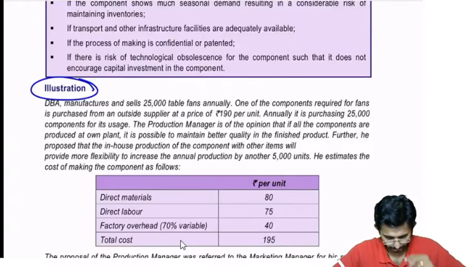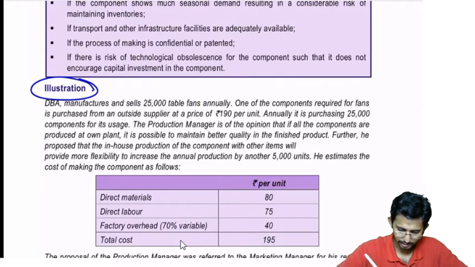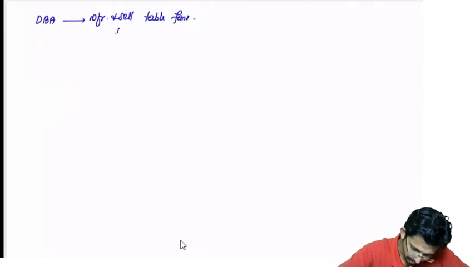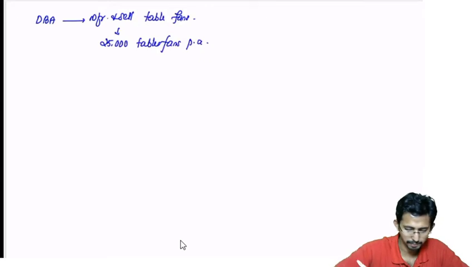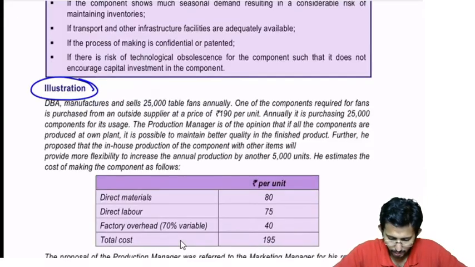Now how many table fans? 25,000 table fans per annum. Going ahead, one of the components required for the fans is purchased from an outside supplier at a price of rupees 190 per unit.